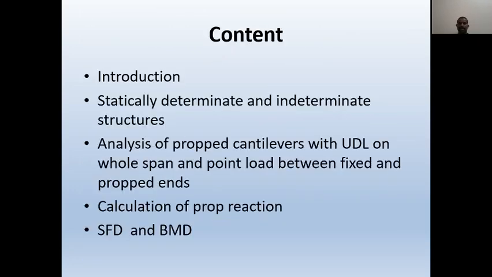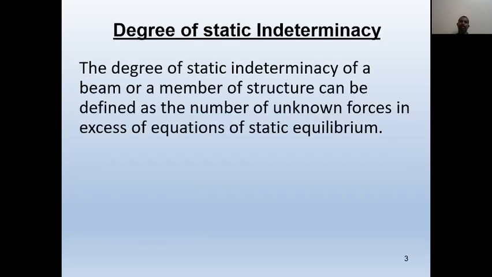Right, let us recall what we have learned today so far. So these are the contents. I think all those are covered, but only one problem is taken. Hope to cover all the other problems in the next class. We have talked about static redundancy, and before that some basics: what is axis, what is axial load, what is lateral load, what is meant by beam, what are the different supports, and for each support what are the unknown reactions.